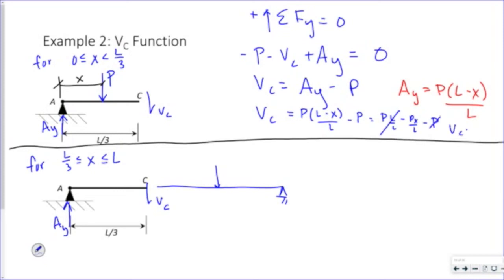So my shear is equal to minus PX over L.